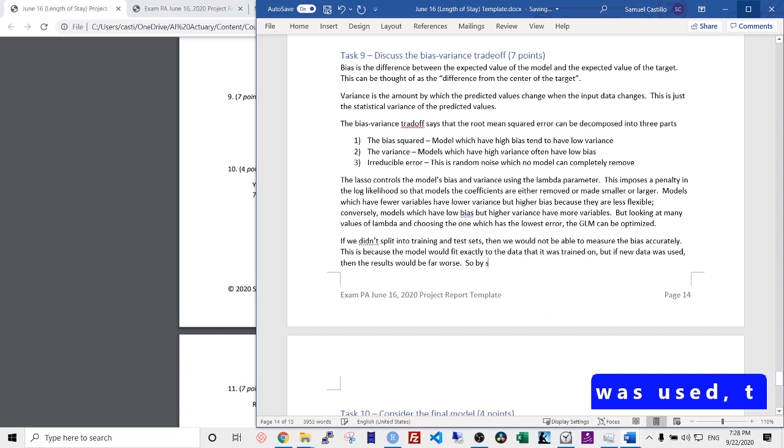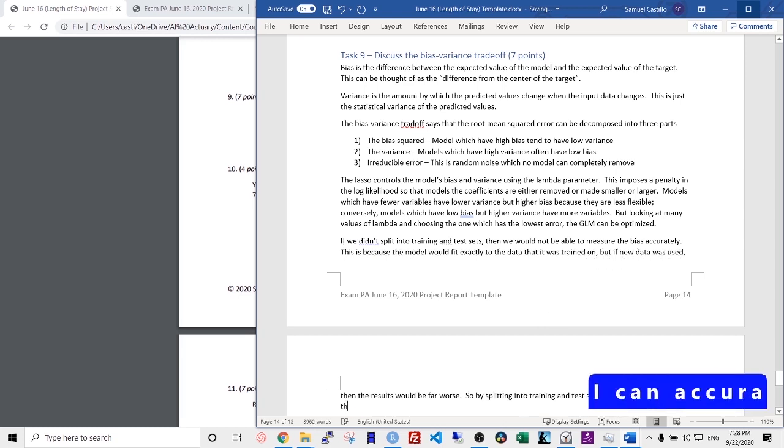So by splitting into training and test sets, I can accurately estimate the model error, the Pearson goodness of fit stat in this case, and thus make a decision on the model which will accurately reflect reality.